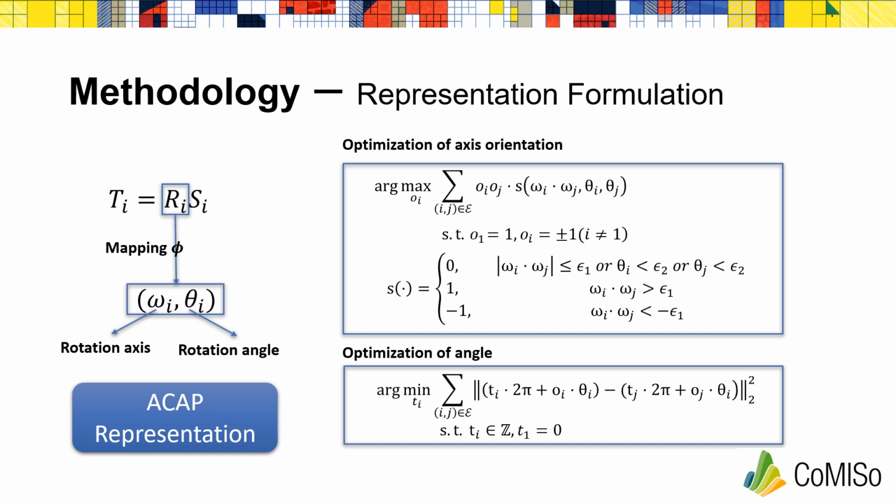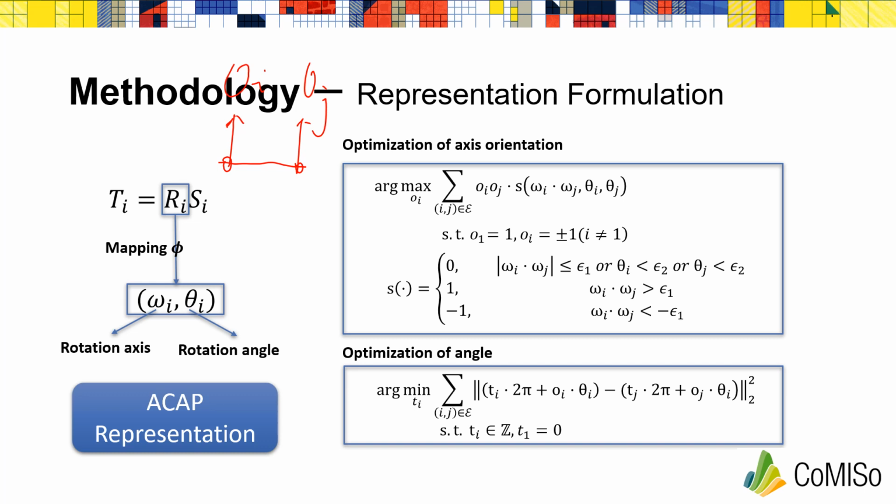Let's think about two vertices on one edge. Here is the edge, and here are the two vertices. Here are the rotation directions O_i and O_j. We want O_i and O_j to be as consistent as possible. That means that the angle between O_i and O_j should be as small as possible.